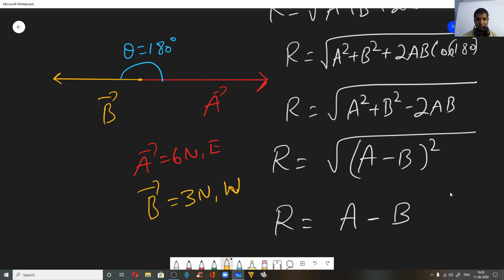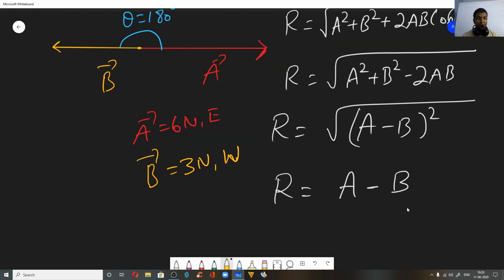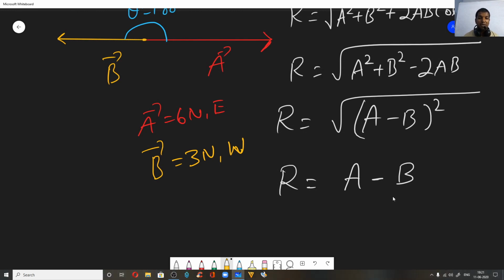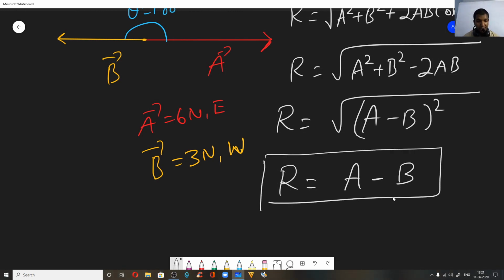Which one is more? From the diagram you can clearly see vector a is more. So the magnitude of the resultant is simply vector a's magnitude minus vector b's magnitude.